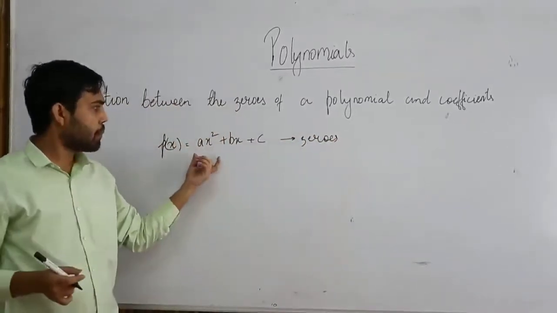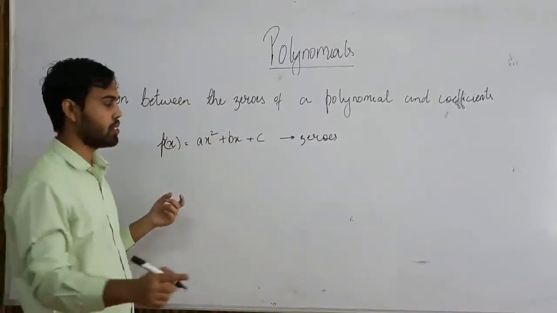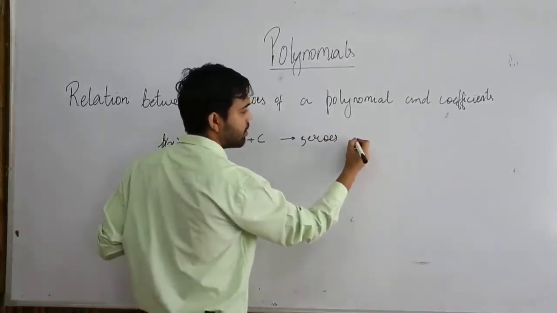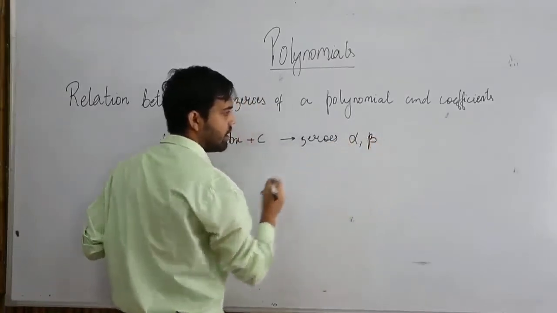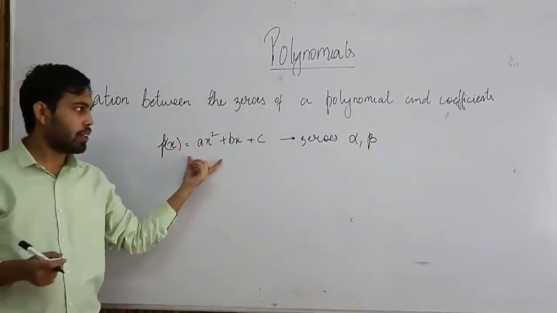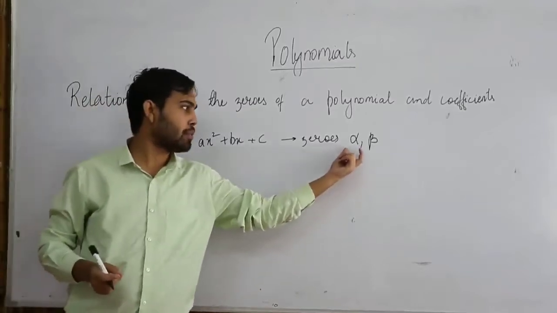It is a quadratic polynomial, the degree is 2, so I'll have 2 zeros. I am assuming the 2 zeros to be alpha and beta.